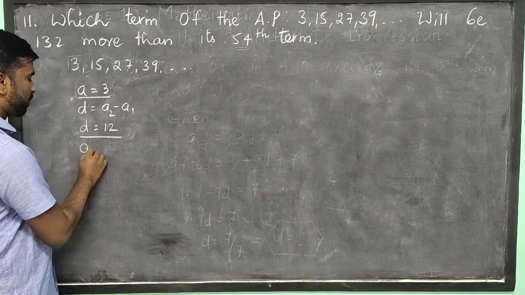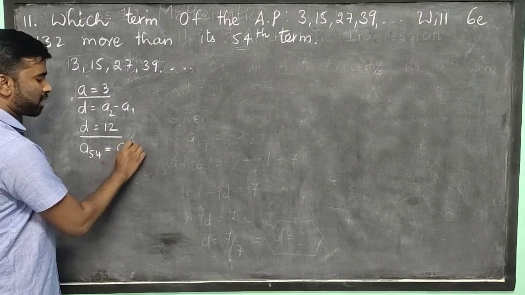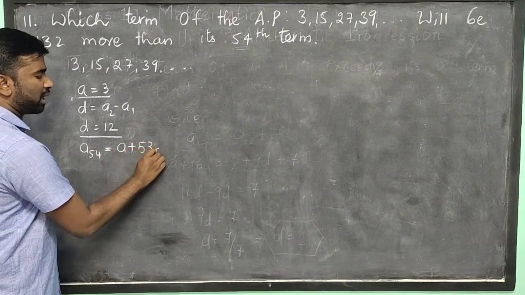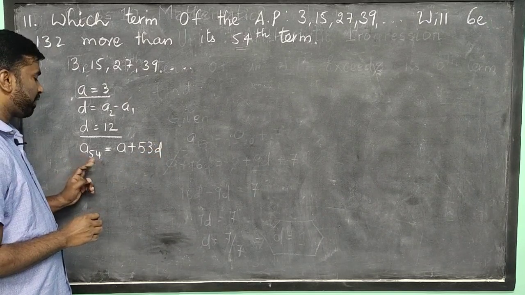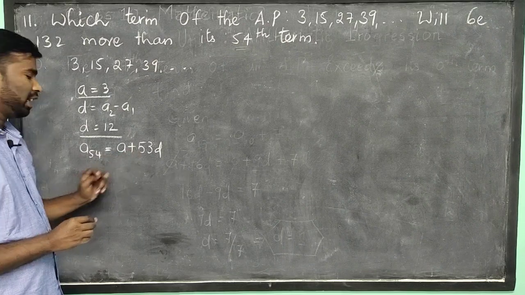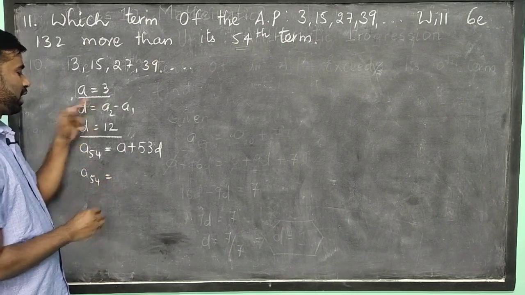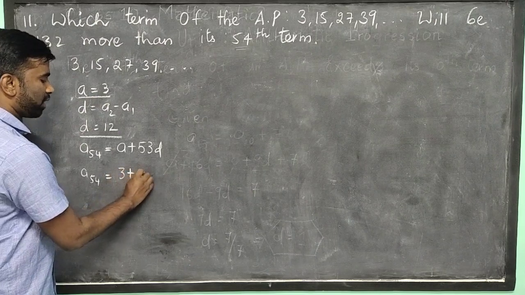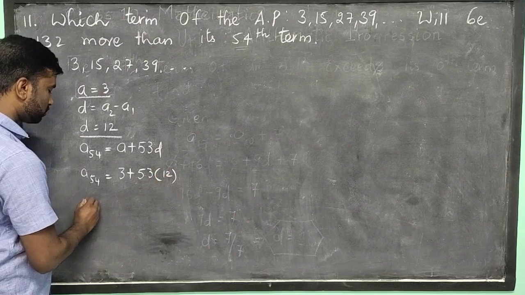Now we should find out the 54th term. What is the 54th term? A plus 53D. You can use the nth term formula. Otherwise, A54 equals A plus 53D. Now A54 equals, what is the value of A? 3 plus 53 into D value, which is 12.